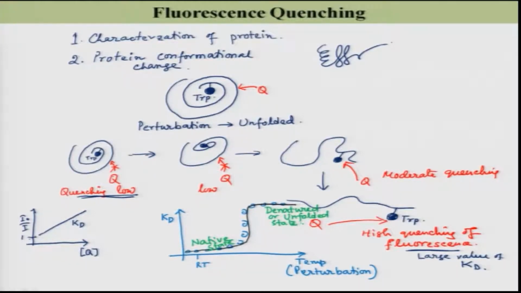temperature. Suppose you have done exactly the same experiment, but not with temperature as your perturbation, but with the change of pH as your perturbation. So, in this case, let us assume that you have used pH as your perturbation and you have measured this Kd value at different pH. And you are plotting it versus pH, and what you have seen is such a feature.